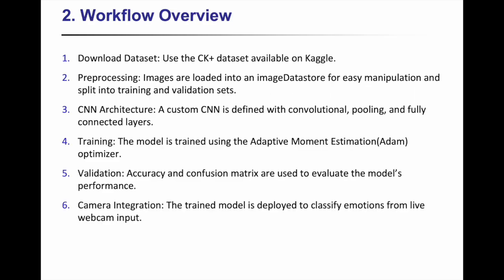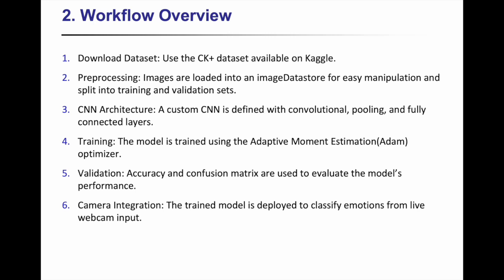Step 2 is to load the images into an image data store for easy manipulation and split them into training and validation sets. The third step is to use a customized CNN defined with convolutional, pooling, and fully connected layers. The fourth step is to train the model.